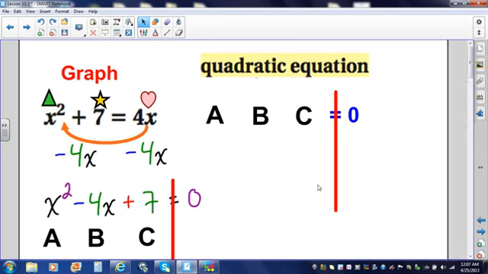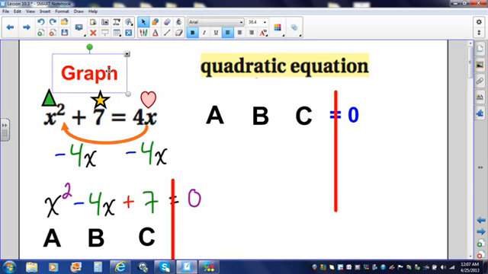Now, let's rewrite this quadratic equation so A, B, and C are on the same side, and then we're going to graph it. Ooh. Come on, you can do it. So, we're going to move 4x to the left side. The inverse operation is to subtract 4x.